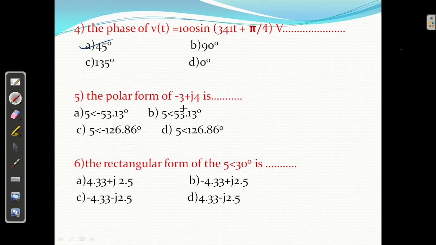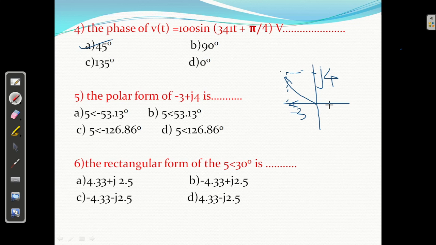Okay, the polar form of minus 3 plus j4. If you do it, this will be like this, right? So magnitude will be 5, 3 square plus 4 square under root of that.